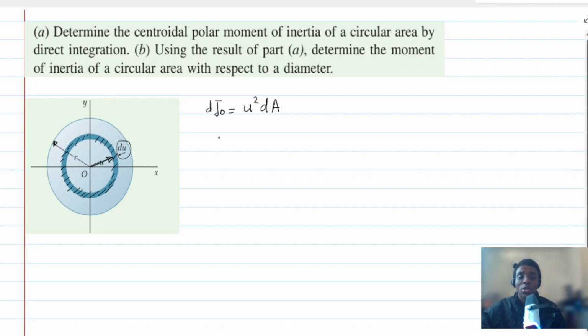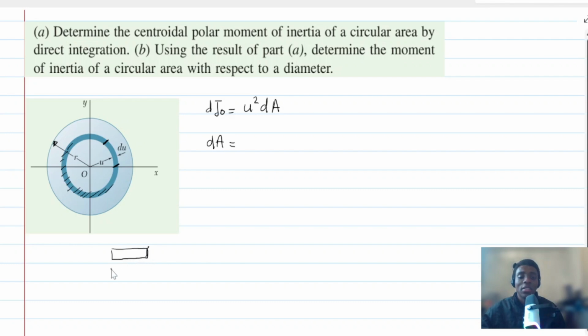All right, so what is dA then? dA is this elemental area here. How can you find it? You cut the ring and open it, and it will be of the form of a rectangle.